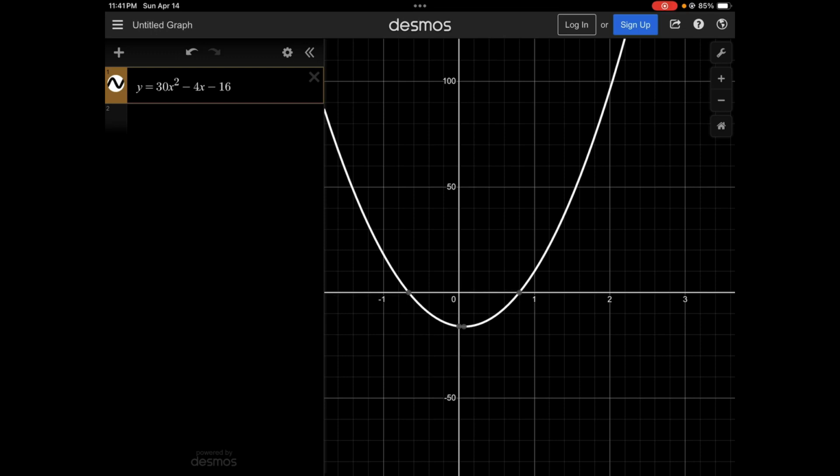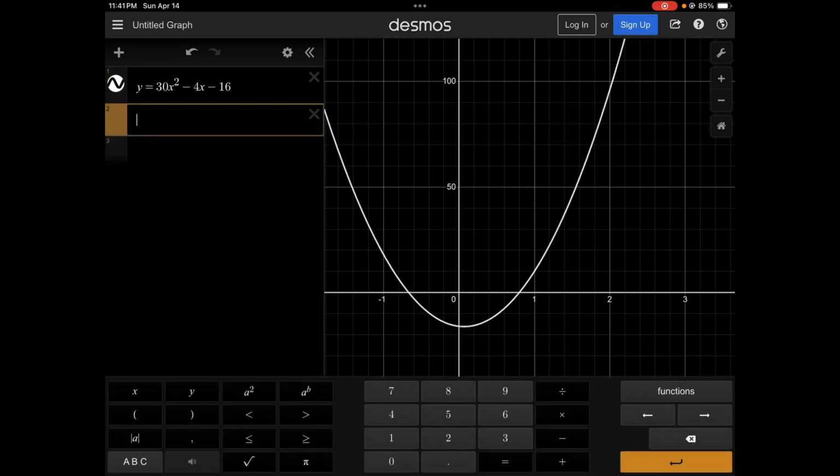Okay, I don't need the x-intercepts for what I need to do. Now I'm gonna put the given factors one by one, and I'll get a line for each one of them, and I'll see which line has the same x-intercept as my parabola, my U-shaped curve.